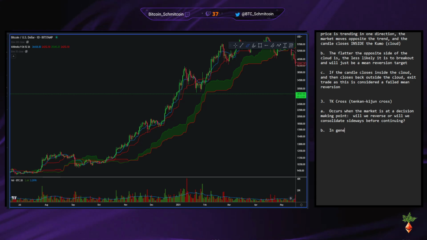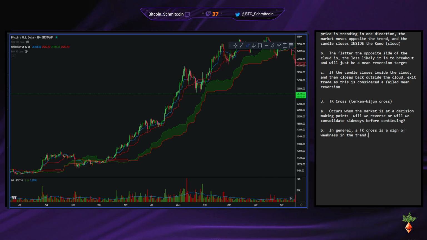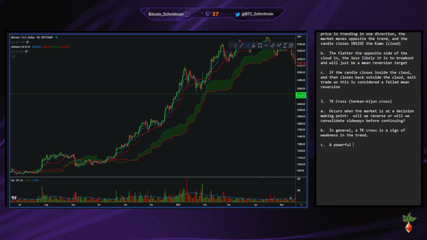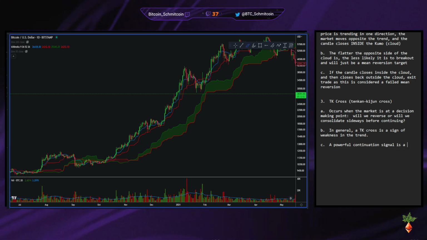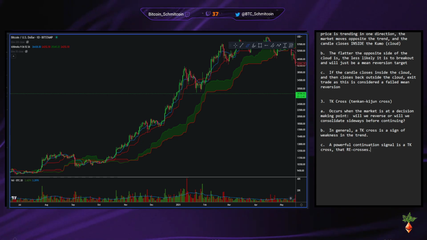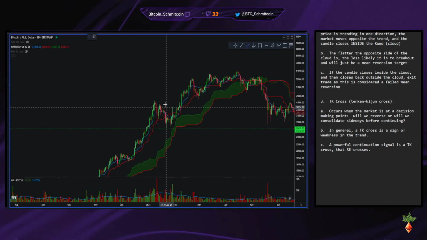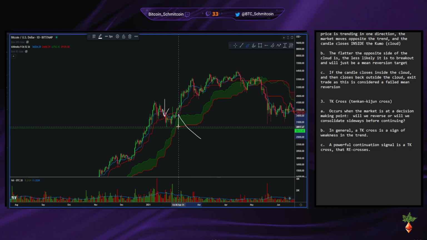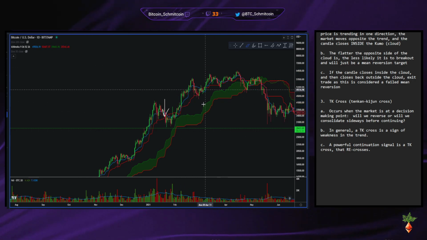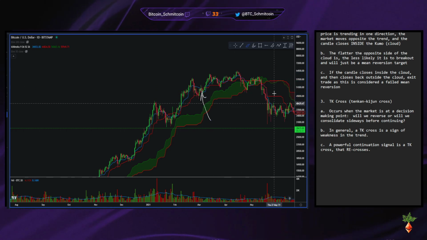In general, a TK cross is a sign of weakness in the trend. A powerful continuation signal is a TK cross that recrosses. So, for example, here we get our TK cross, we get our recross, and the market continues upward. Another TK cross, a recross, the market continues upward.